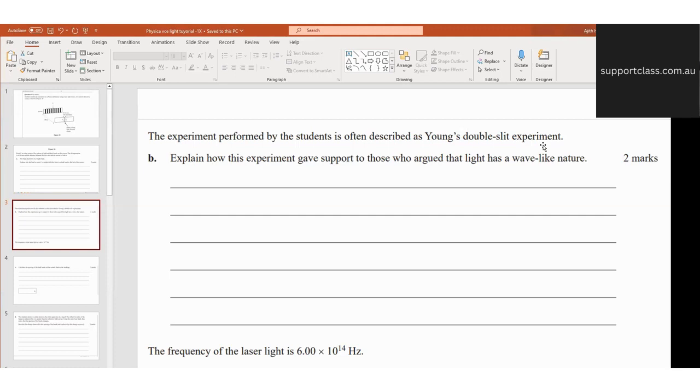Isaac Newton also said that light has small packets of energy moving like a waveform.